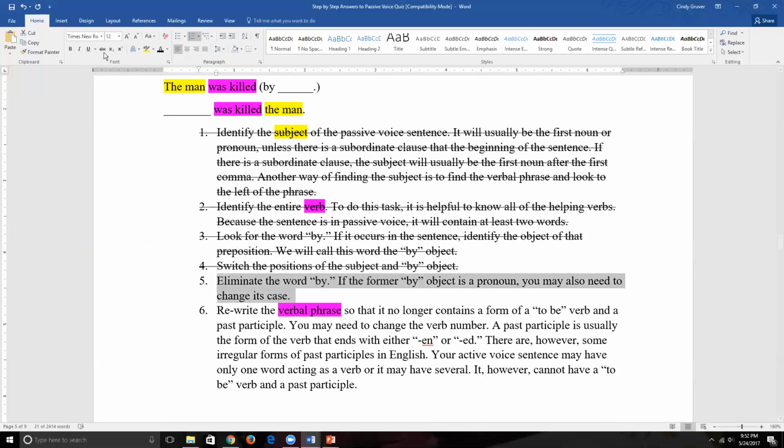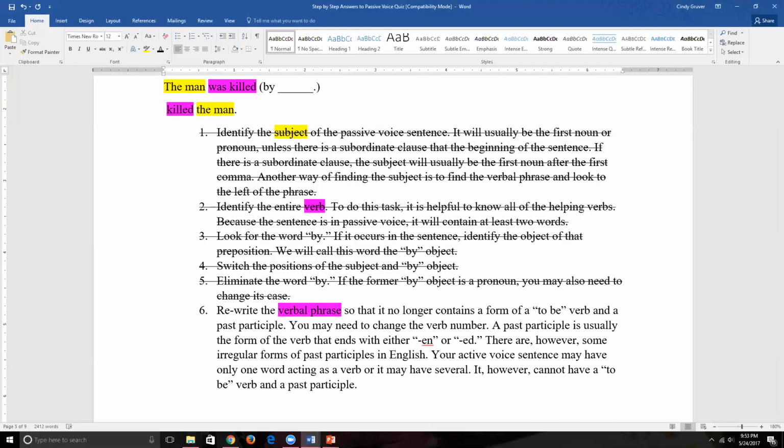So now we're concerned with changing the verb. Well, we can do the same thing in this sentence that we did when we had by her. We're just going to remove the word was, and then we're good. So blank killed the man. Now, in this case, because we're talking about, I guess, a person, we could say someone killed the man. Or maybe it's a disease. Something killed the man. Or we could say somebody.